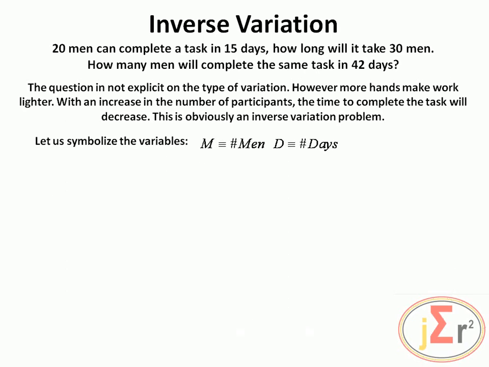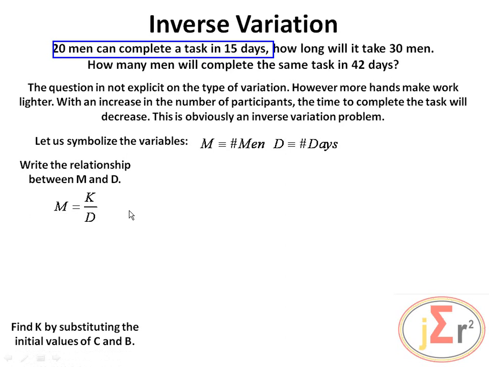So in this case, we are symbolizing m as the number of men and d as the number of days. Write the relationship between m and d. And of course, remember how the inverse variation is written? m is equal to k over d, or one variable is equal to the constant of proportionality over the other one. So that's the general form of the inverse variation.